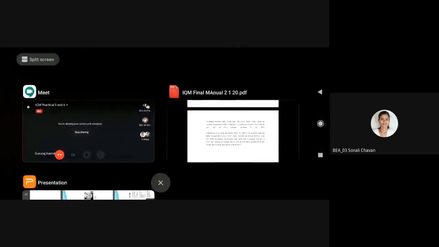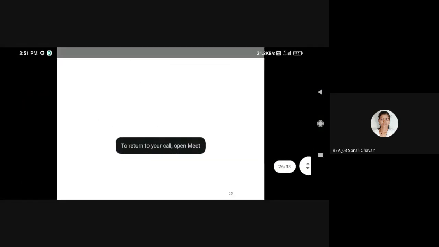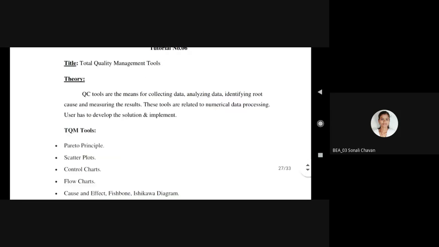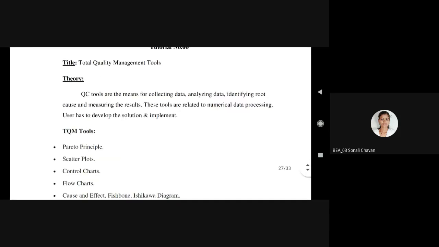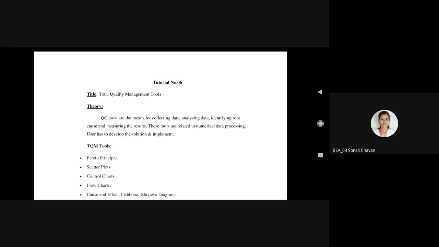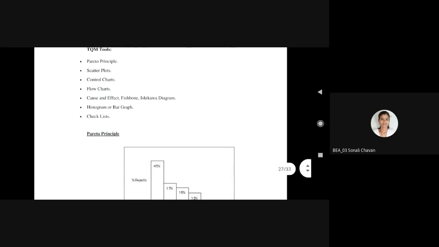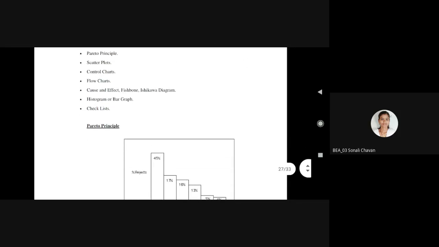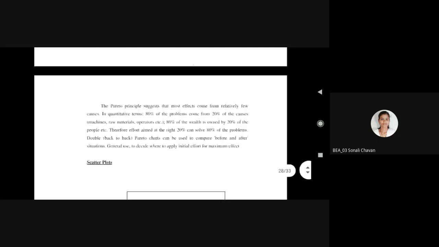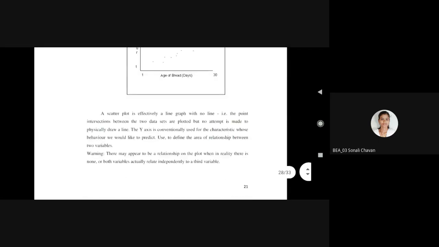The last practical is on quality control tools, total quality management tools. Already we have discussed those tools. I have given details of the quality control tools in this manual also. Already we have discussed it very well in chapter number 6, TQM. I will show that again.